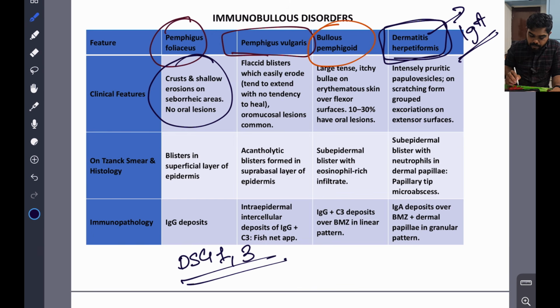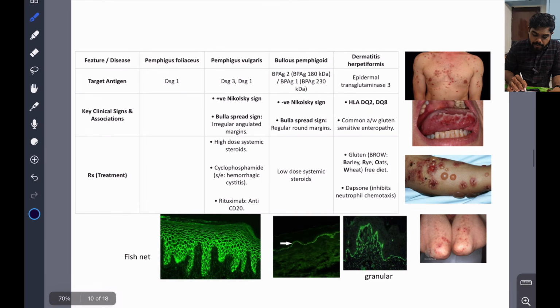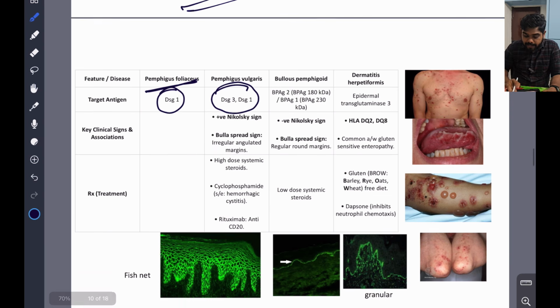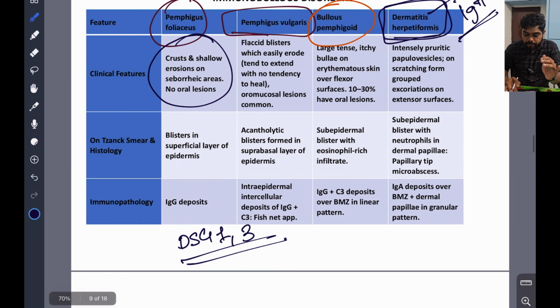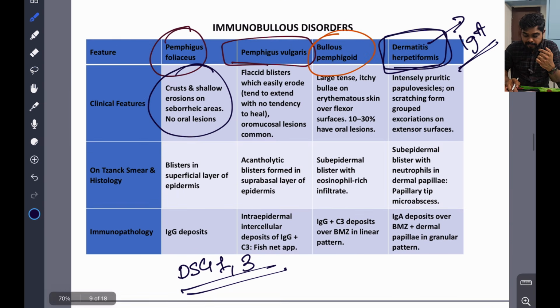In the pemphigus group, the target antigen is desmoglein 1 in pemphigus foliaceus, and in pemphigus vulgaris, desmoglein 3 and 1 are the targets. Desmoglein 1 is located all over the body except the oral cavity. In the oral cavity, desmoglein 3 is rich.